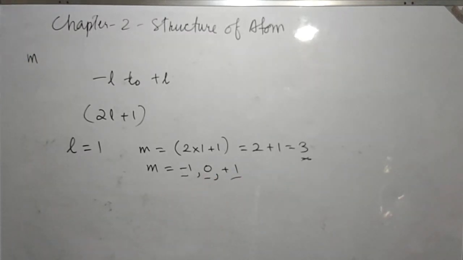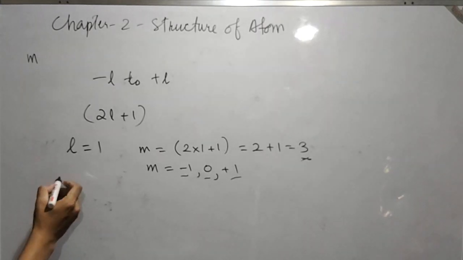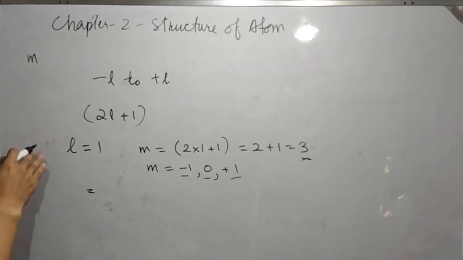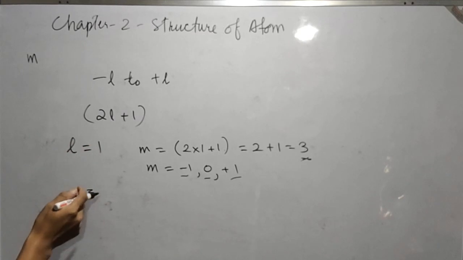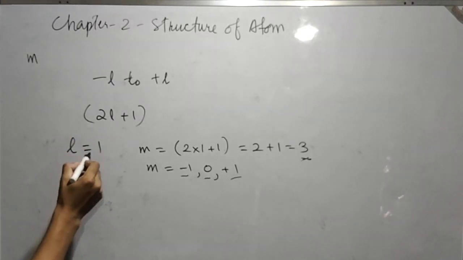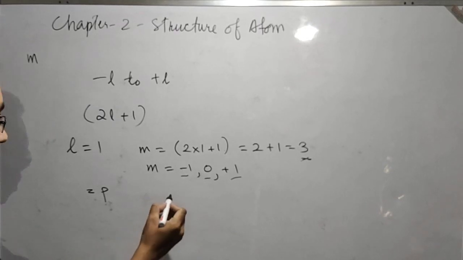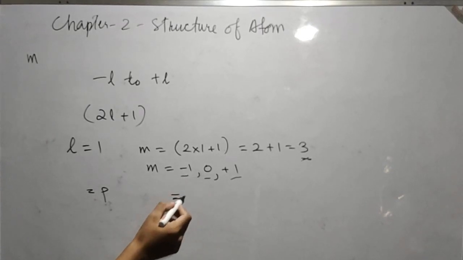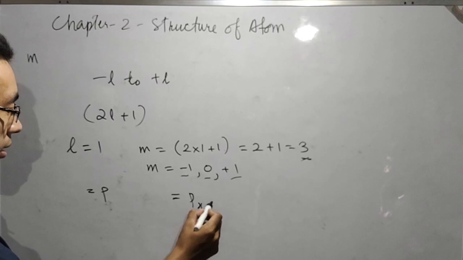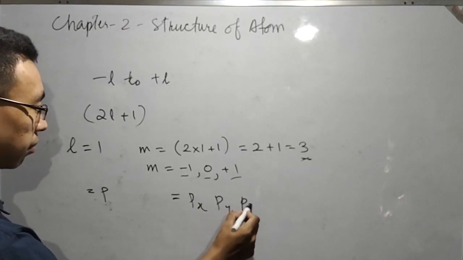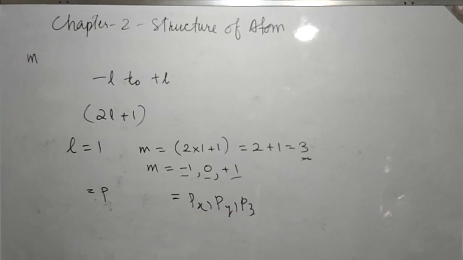So 3 orientations. In the previous quantum number, the azimuthal quantum number, 1 is referred to as p subshell or p orbital. So the 3 orientations are px, py and pz. The orientations will be along the 3 axes x, y and z.